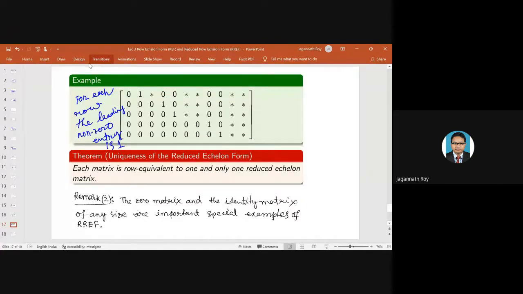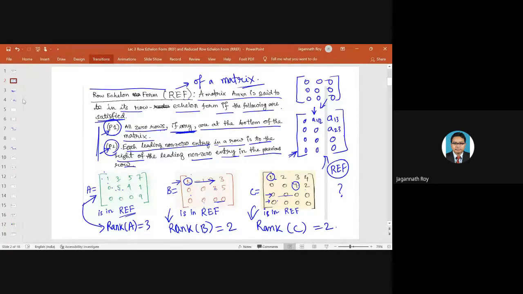If you go back and check the row echelon form matrix, here we have the leading non-zero entries as 1. It can be 5. It can be 3. It can be sometimes negative also.